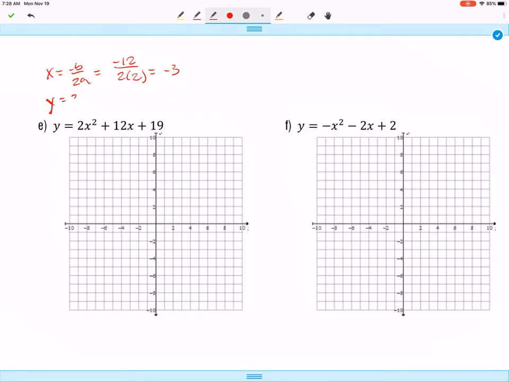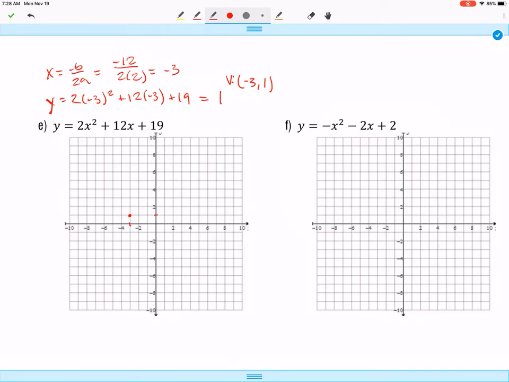So that gives us 2 times negative 3 squared plus 12 times negative 3 plus 19. And plug that into your calculator, and that gives you 1. So our vertex is going to be negative 3, comma 1. So to plug that in, it'll be right here. Okay? Negative 3, and y is 1.